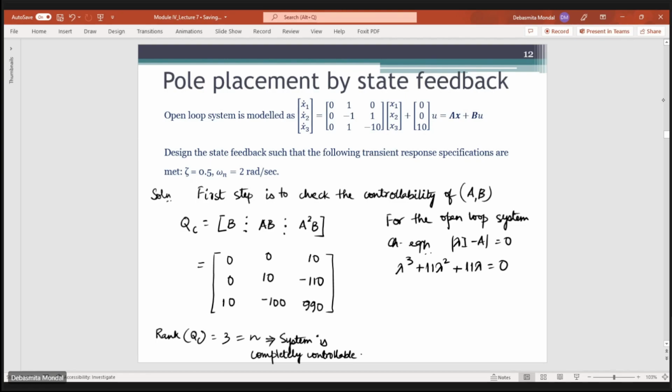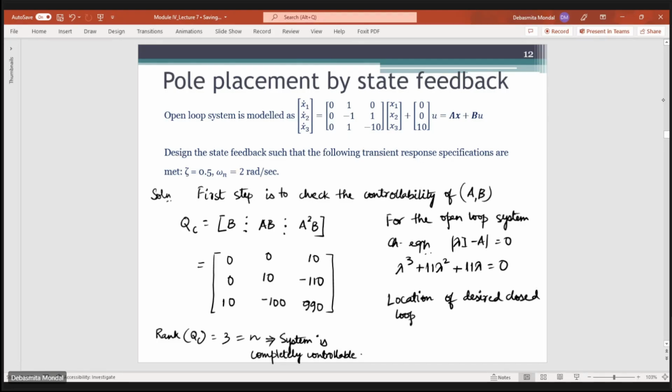Now the given specification is that the value of zeta should be 0.5 and omega n equals 2 radian per second. So you can find the location of the desired closed loop poles. Since this is a third order system, there will be 3 closed loop poles.